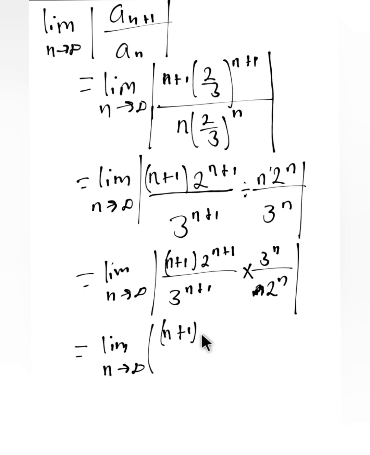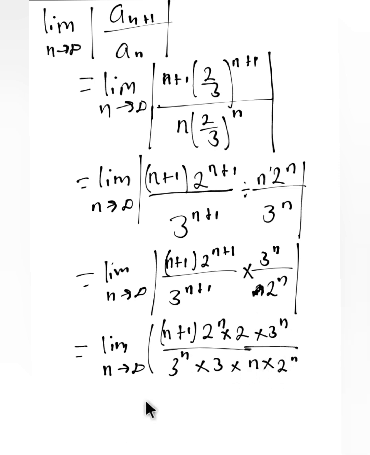Now this 2 to the n plus 1 can be expressed as 2 to the n times 2 using indices, all over 3 to the n times 3. Okay, this is times 3 to the n, and this part is times n times 2 to the n. Okay, it's getting simpler now.